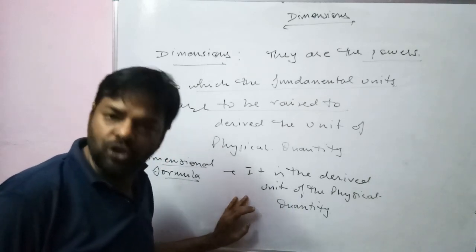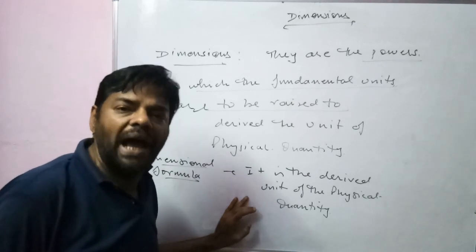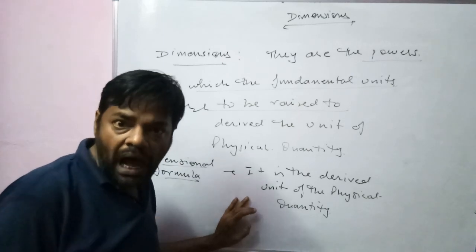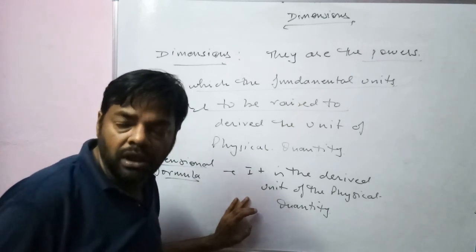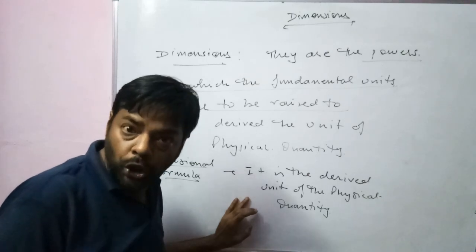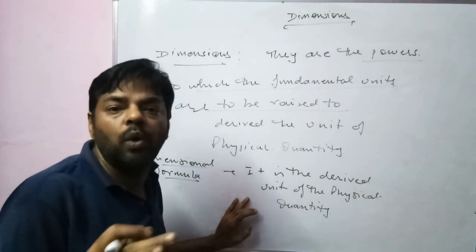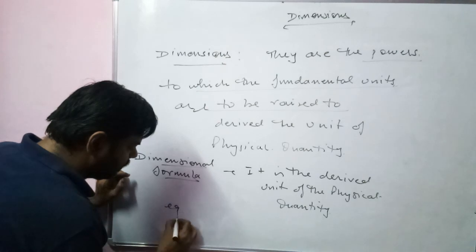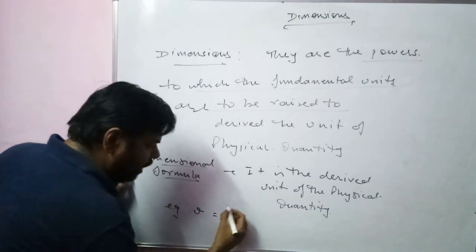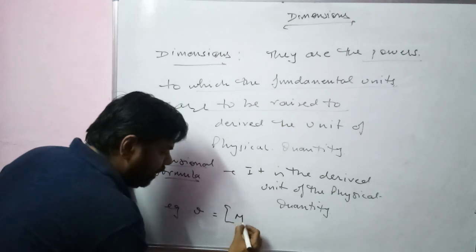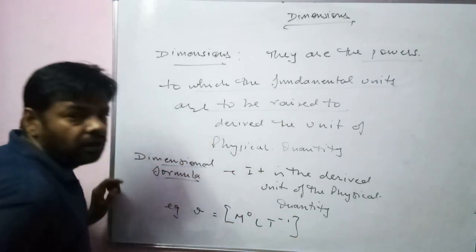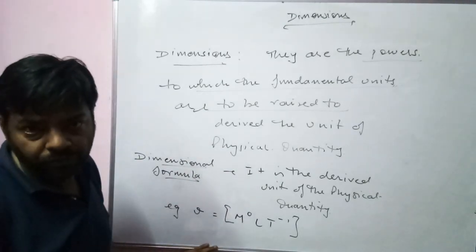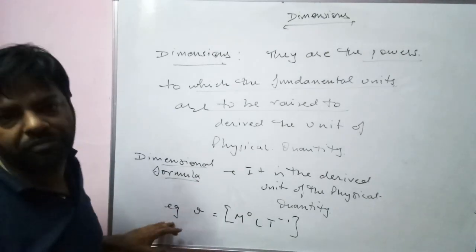When you want to actually define it, the dimensional formula of any physical quantity is the relation between the fundamental units on which the physical quantity depends. For example, the derived unit or the dimensional formula for speed was M^0 LT^-1. So whatever we have written in the square brackets is the dimensional formula of the physical quantity.